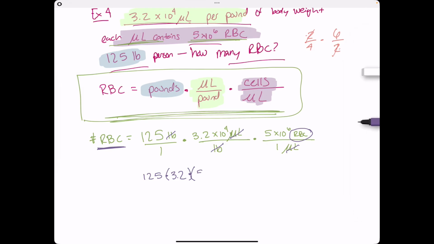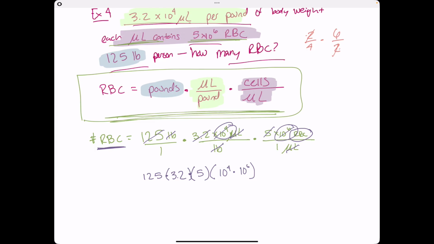It's up to you. And then I still have the times 10 to the 4th and times 10 to the 6th. Did I catch everything? I got my 125 in there, my 3.2, and my 5. And I've got the 10 to the 4th and 10 to the 6th.